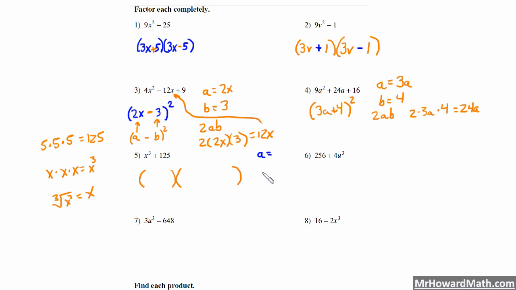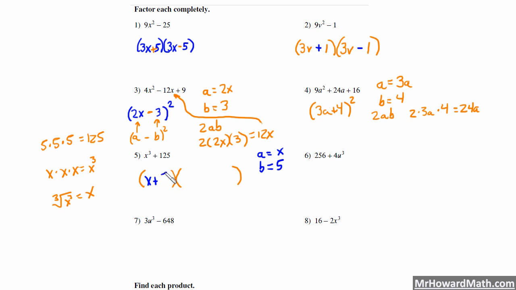Okay, so using the sum of 2 cubes, our A is going to be equal to the cubed root of this. So we already determined that was x. So our A in our pattern is equal to x, and our B in our pattern is equal to 5. Okay, so that means we're going to have x plus 5 here.